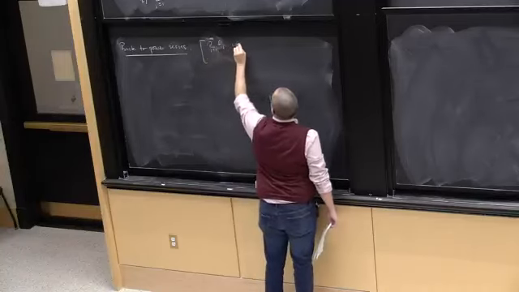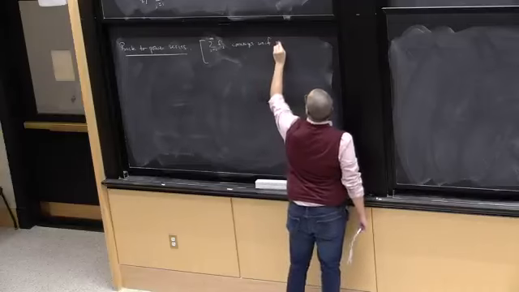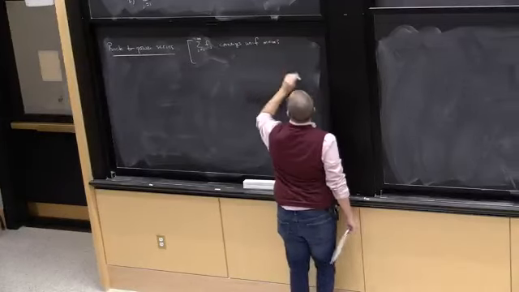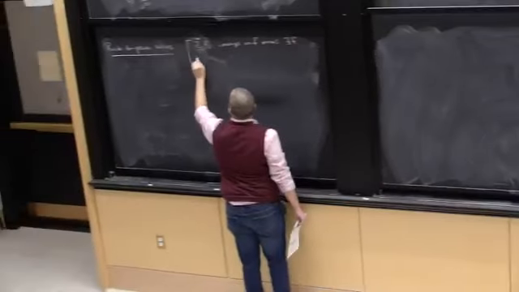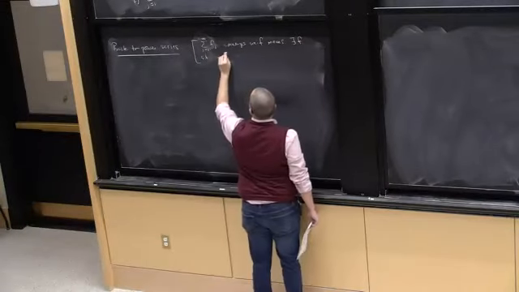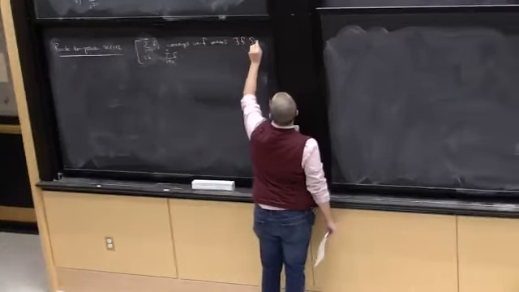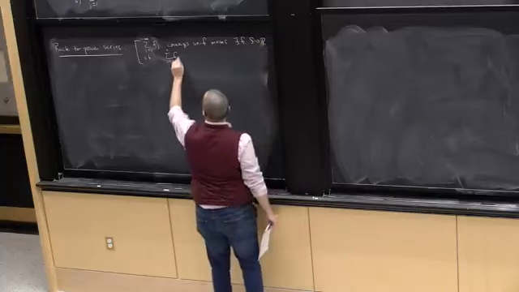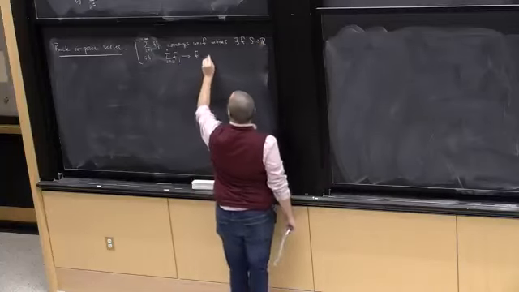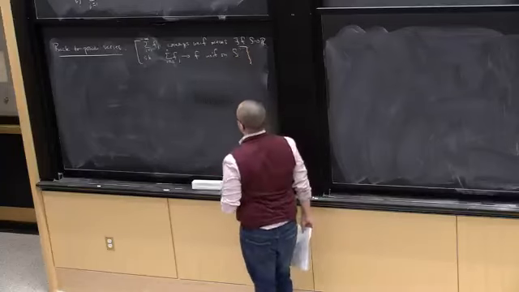So it means there exists a function f such that, and all of these are from S to R as well, such that, okay, just so that there's no ambiguity.